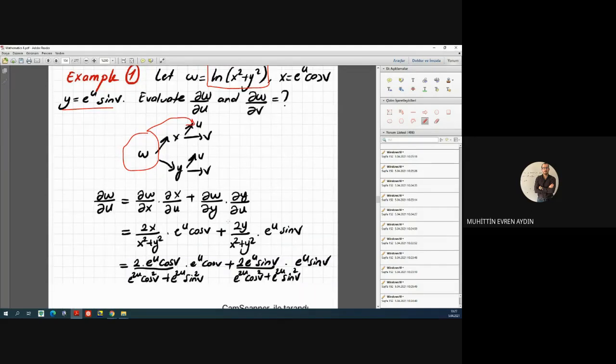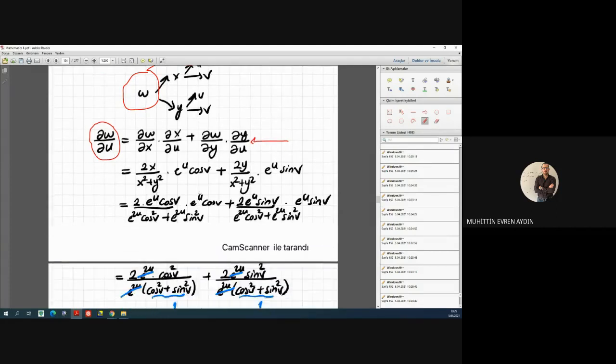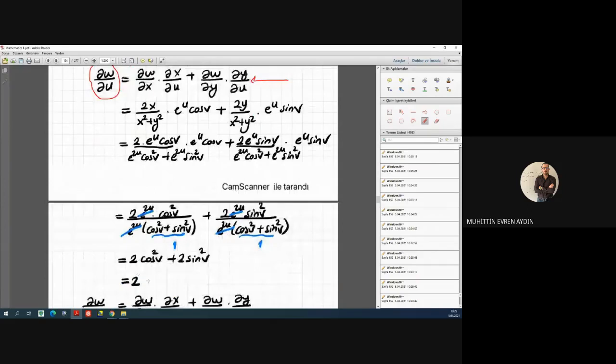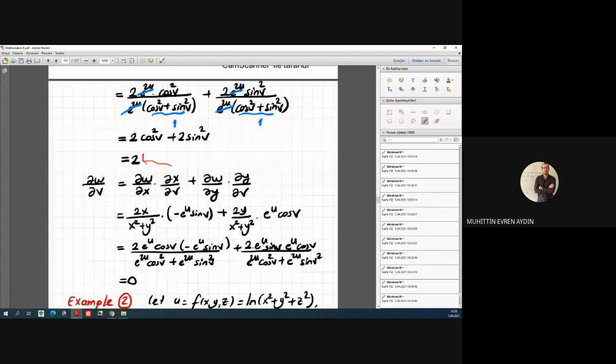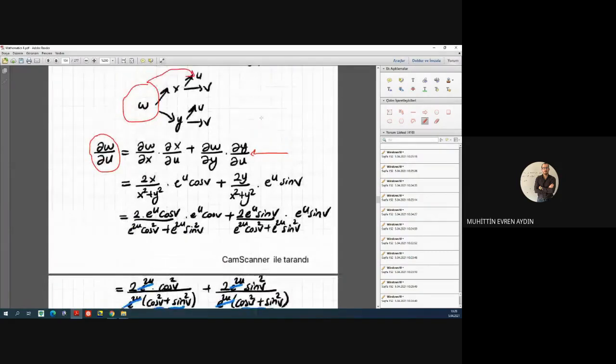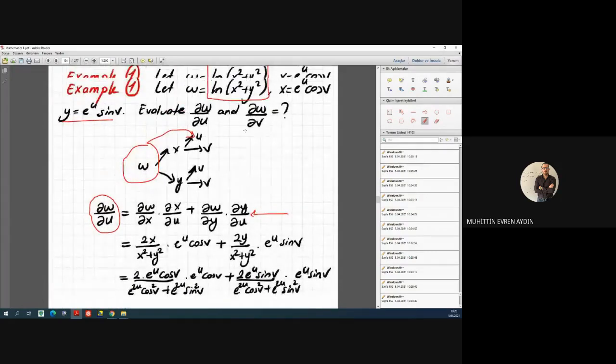In order to take the derivative of w with respect to u, you may use the chain rule, and after some calculations you may find the derivative is equal to 2, and symmetrically you may find the derivative of w with respect to v is equal to 0.